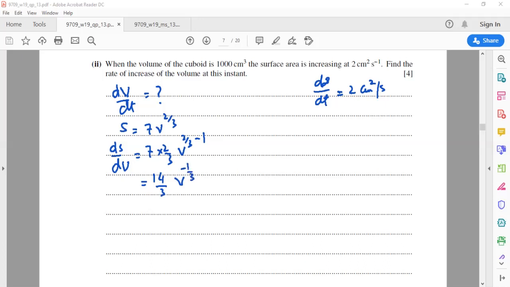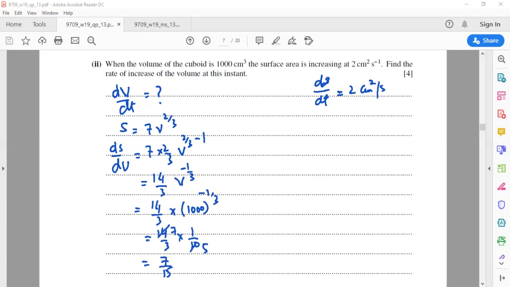Now when V is 1000, let's place 1000 over there, so it becomes 14 over 3 and 1000 power minus 1 over 3, which gives us 1 over 10. So 14 over 3 times 1 over 10, which becomes, 2 sevens are 14 and 2 fives are 10, so it becomes 7 over 15.